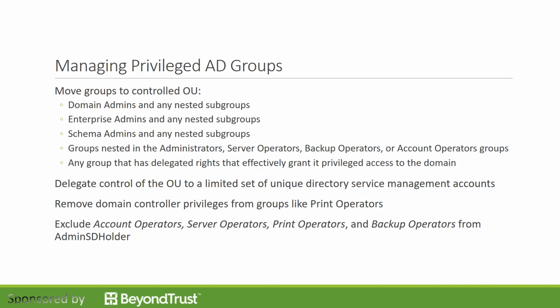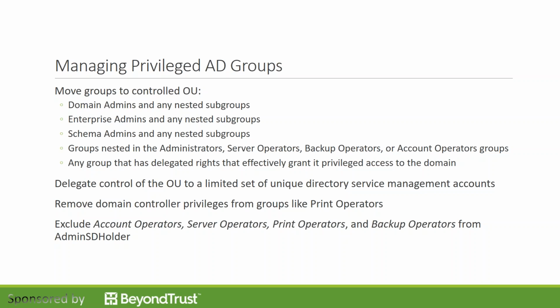You can also move any groups that you have maybe nested into any of the built-in privileged AD groups like server operators or backup operators. And you can also move them into your controlled OU. And of course, any other group that you have delegated privileged access to in Active Directory.